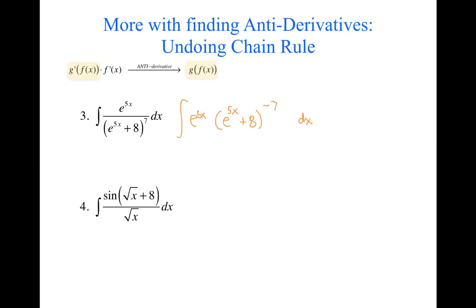This is approximately the derivative of the inside, just off by a factor of 5. So yep, we can think of that using undoing chain rule.